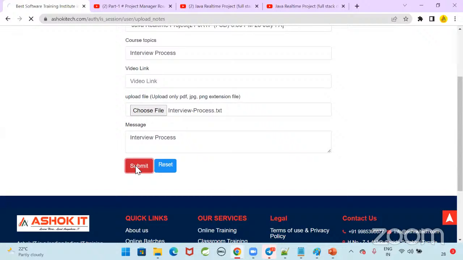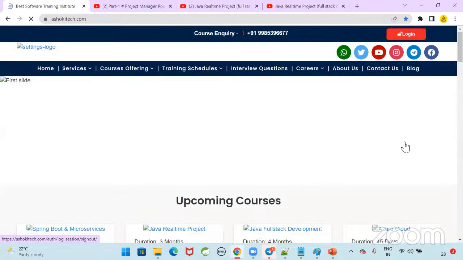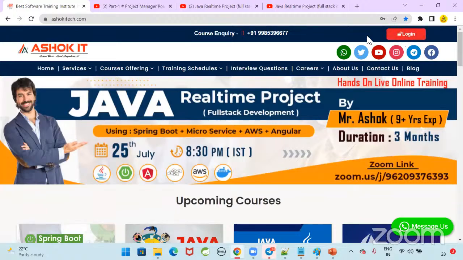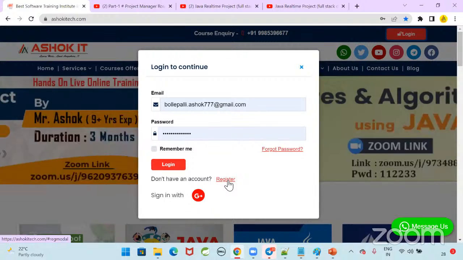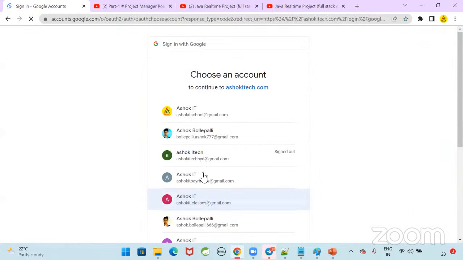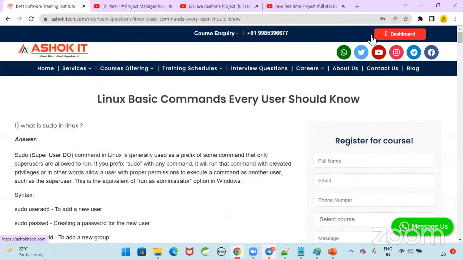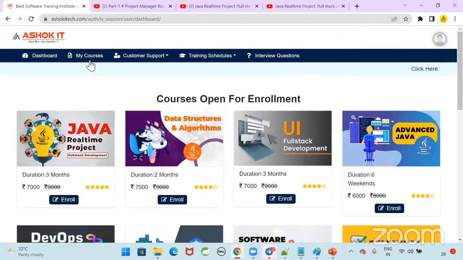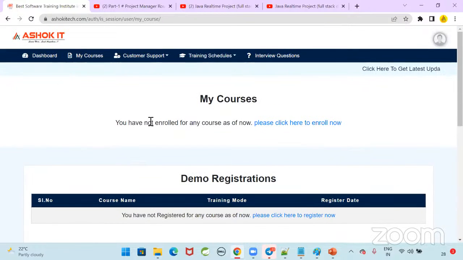You will get access to the portal by tomorrow afternoon, guys, so that you can download the class notes. Class notes are permanent access for you. Once you get the portal access, you can log in to your account. For example, if I am logging into this site with my personal mail ID, let me see, do I have access for this course? Yeah, currently I don't have access. Once we have given you access, you will get the course here.